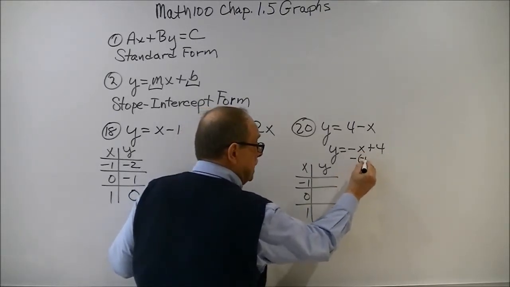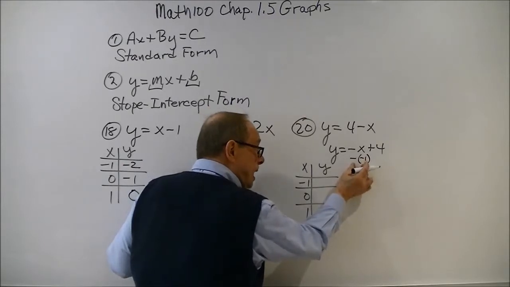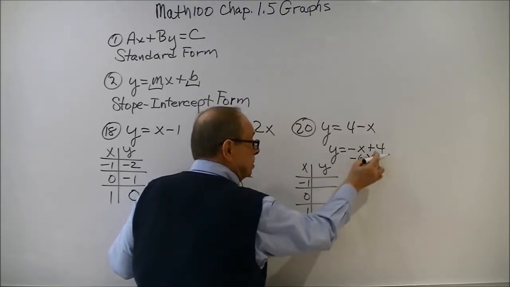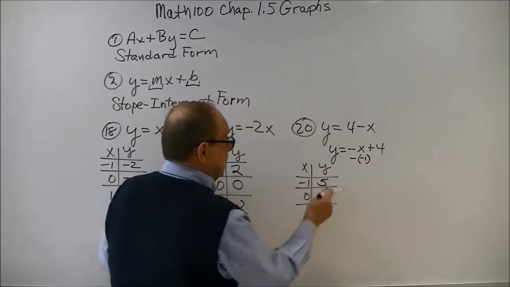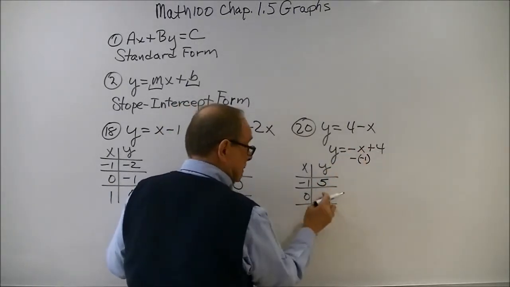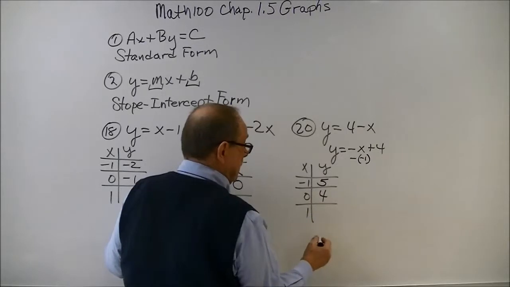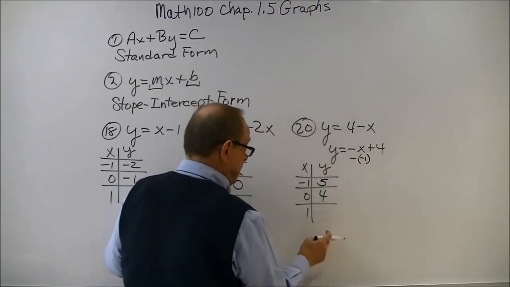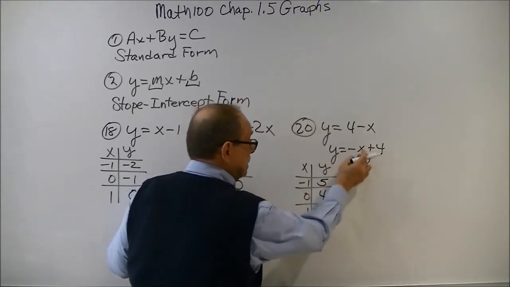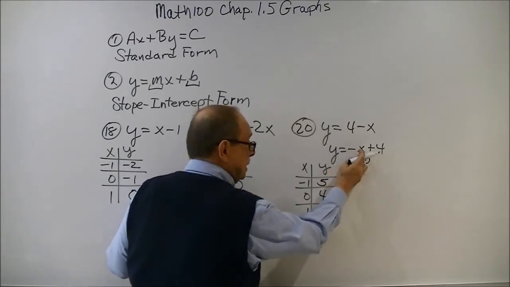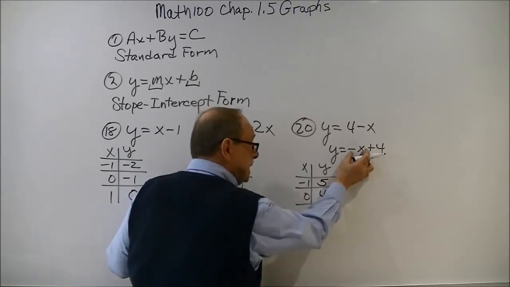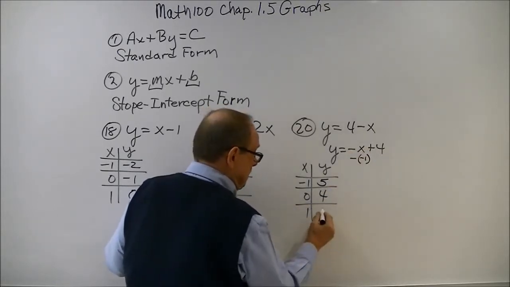The opposite of -1 is +1. 1 plus 4 is 5. If x is 0, this is a 4. If x is +1, that's going to be a negative of a +1. This becomes a -1, and that then becomes a 3.